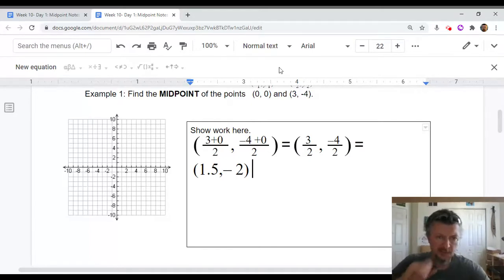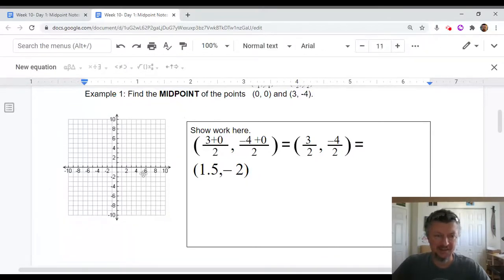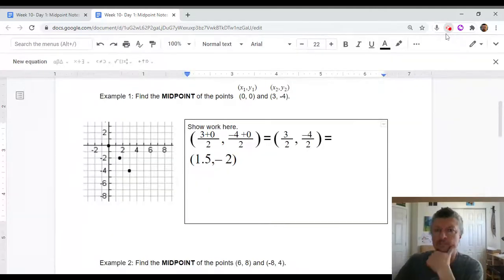Now I'm going to check to see if this works. And the way I'm going to do it is I'm going to graph these points on this graph, but I haven't figured out how to do this on Google Classroom, so I'm going to have to go to Word. I'm going to be right back with it. Okay, so I just created the graph on Word, and you can see the first point was 0, 0.